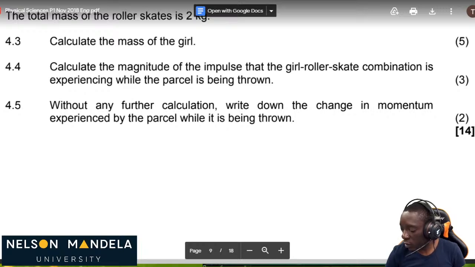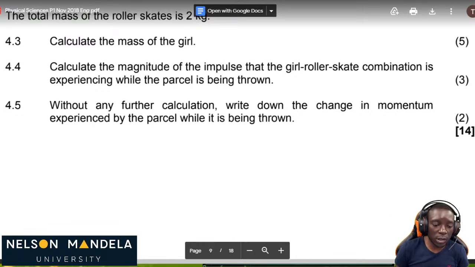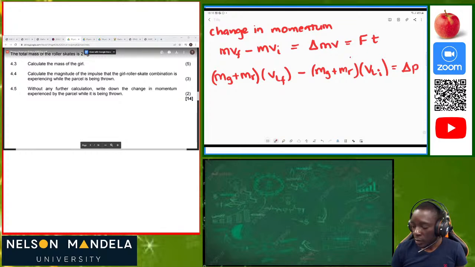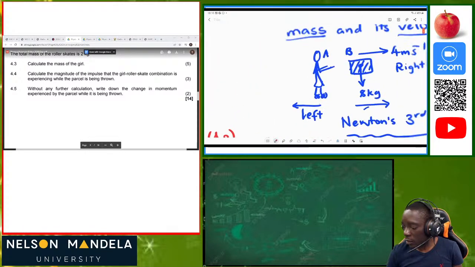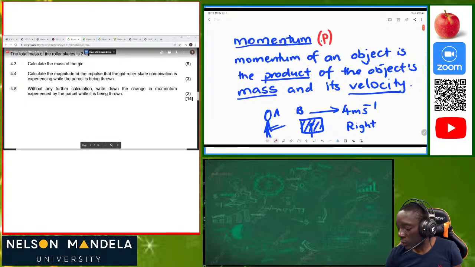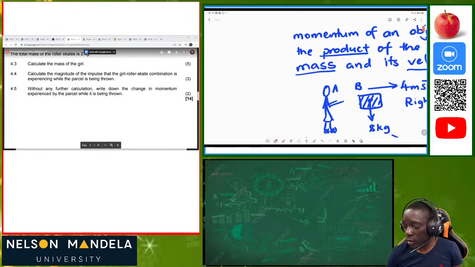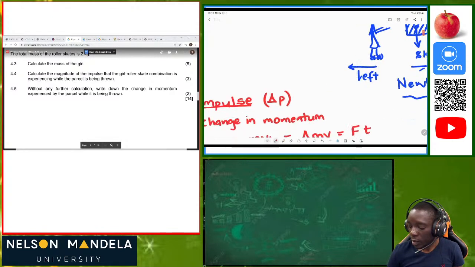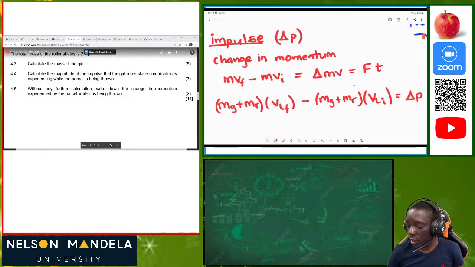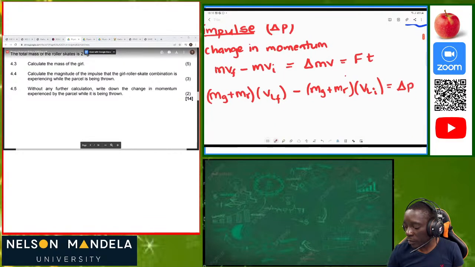It therefore follows that, oh, I forget about the question. Sorry, guys. So we have said that our momentum is letter P, and impulse will be delta P for change in momentum.